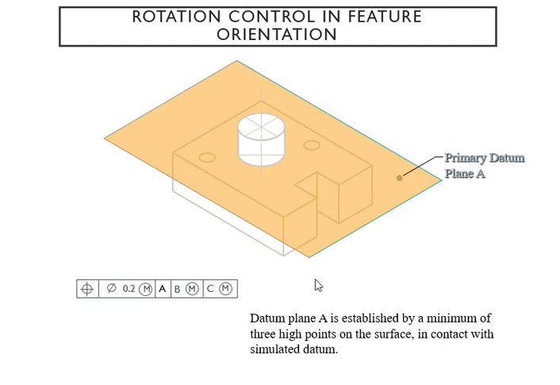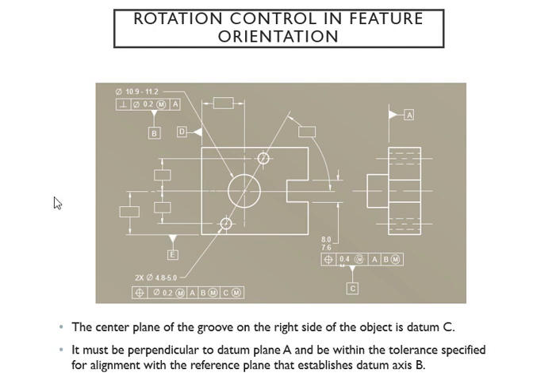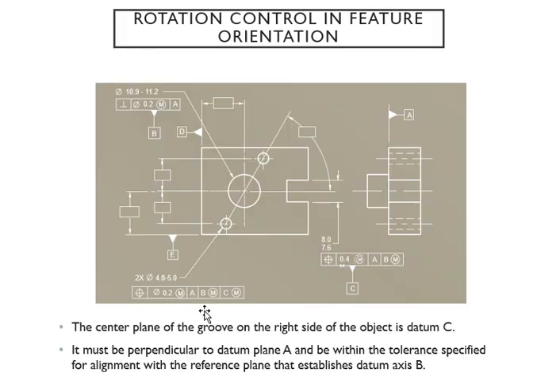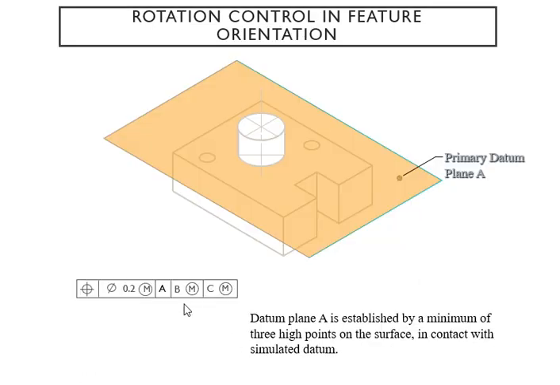If you don't study, it would be very difficult for you to follow, because in your brain it would be very difficult to see these views. So here I have A, B, and C controlling this little feature right over here.